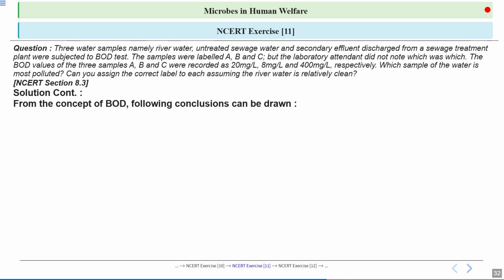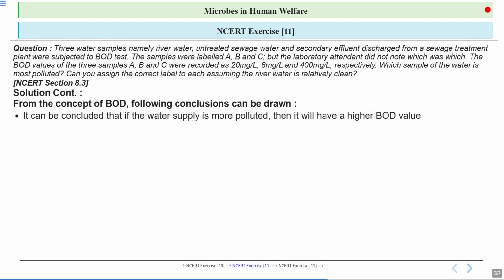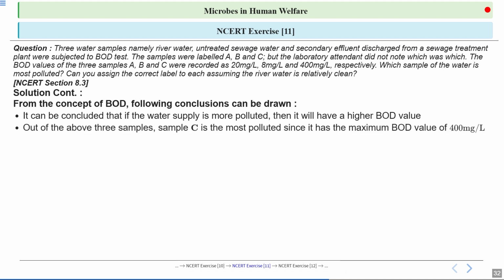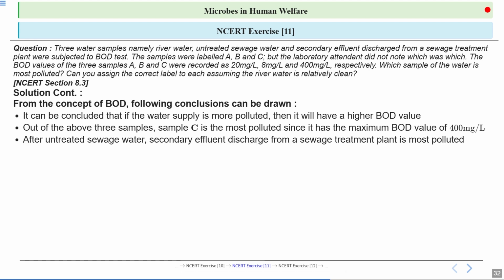Now, from the concept of BOD, the following conclusions can be drawn. If the water supply is more polluted, then it will have a higher BOD value. So more pollution, higher BOD. Out of the above 3 samples, sample C is the most polluted since it has the maximum BOD value of 400 mg per liter.